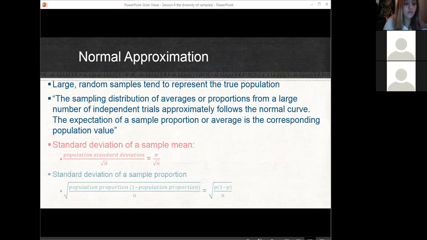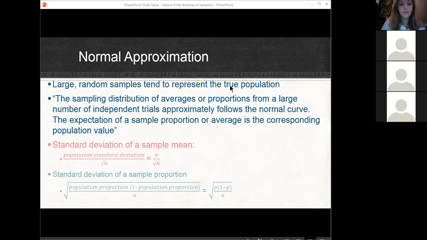Okay, so normal approximation, this is basically the basis of statistics. Whenever we have a distribution, we do want it to be normally approximated, because then we can do a whole lot of different studies of it to see what types of distributions they are and what it's telling us about the distribution.